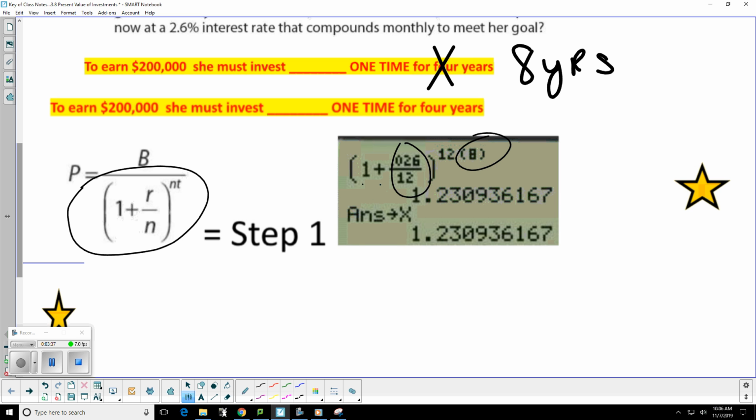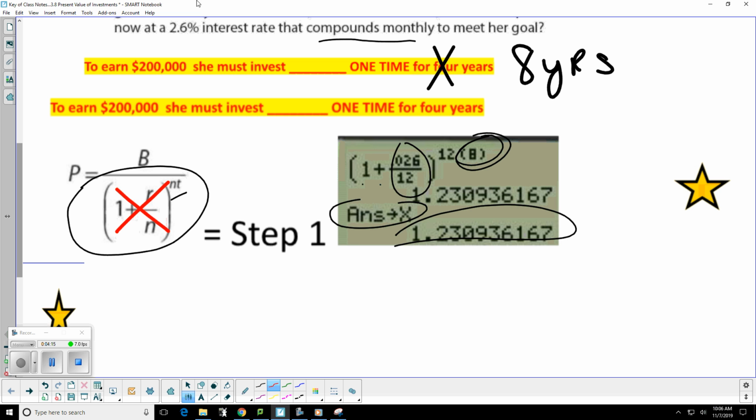In this fraction, my rate was 2.6%, which I turned into a decimal. The number of times I compounded it was monthly. How many months in a year? 12. I take that same 12 and multiply it by my years, which is 8. I store that value under X in my calculator, so this whole term now becomes X.